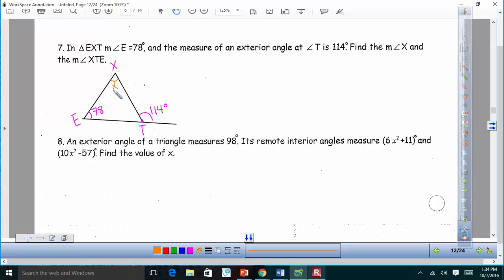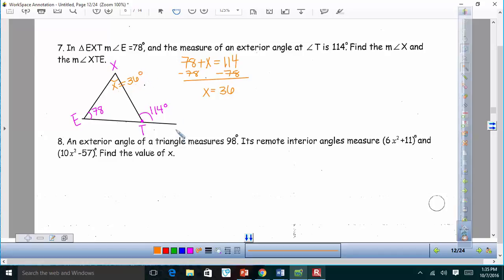X. So I know that 78 plus angle X should equal my exterior angle 114. So to get X, I would subtract 78. And that would give me 36. So angle X equals 36.